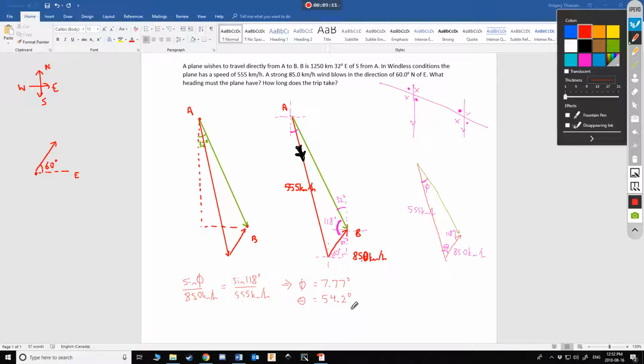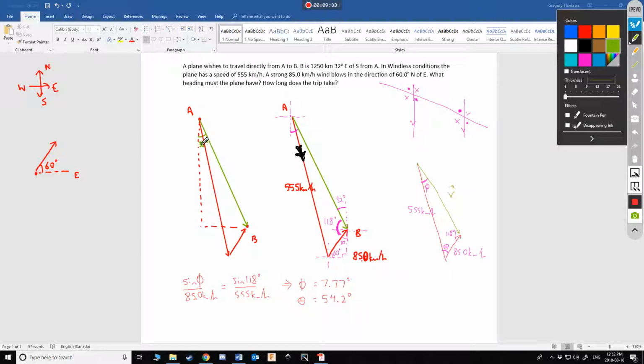And now we can actually solve for the vector b. So we're wondering what heading, and to know what heading we actually need to know what speed as well. We actually know the heading right now. So how do we find the heading? We look back at our first diagram.